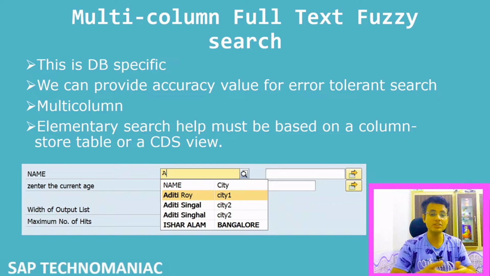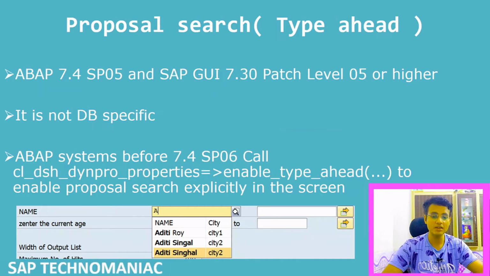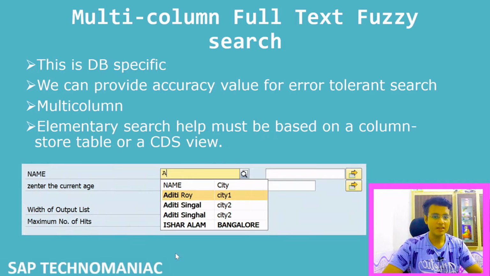What is this search? In the previous screen, we had only the names starting with A. In this case, not only the names starting with A, but all other values containing A are also shown in our help values. You can see that not only these three values, but other values are also shown.